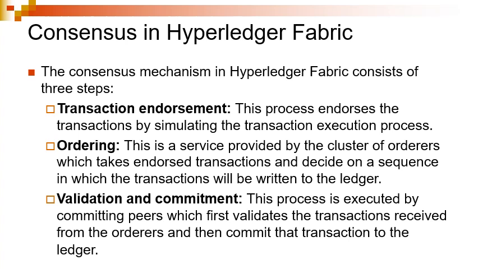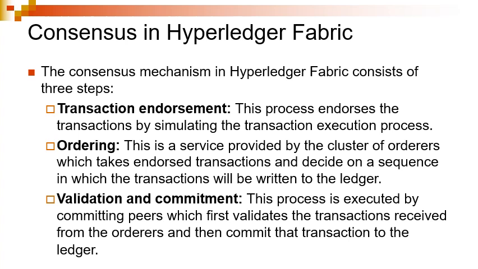So the second step in the consensus mechanism in Hyperledger Fabric is ordering. This is a service provided by the cluster of orderers, which takes endorsed transactions and decides on a sequence in which the transactions will be written to the ledger. So there are orderer nodes.